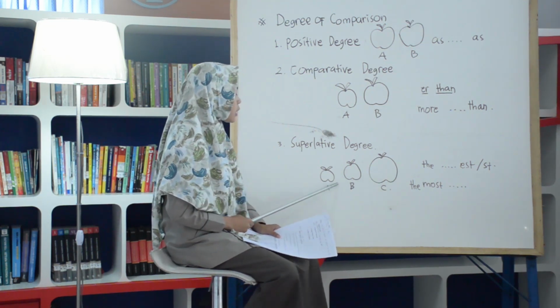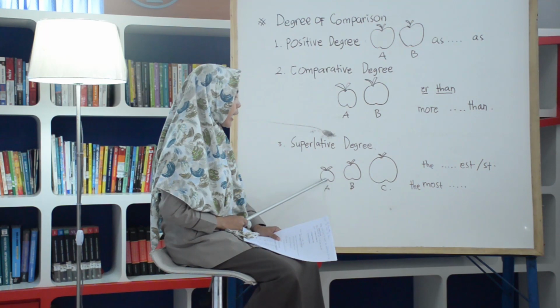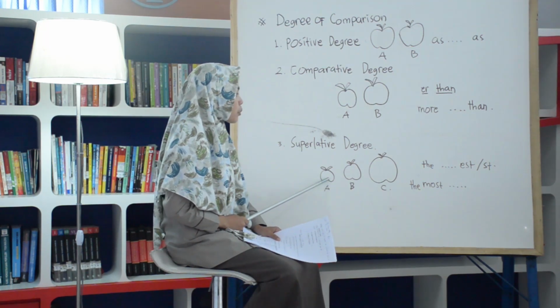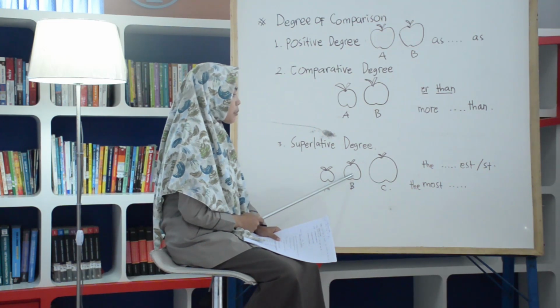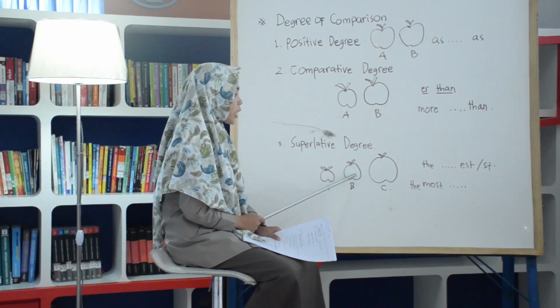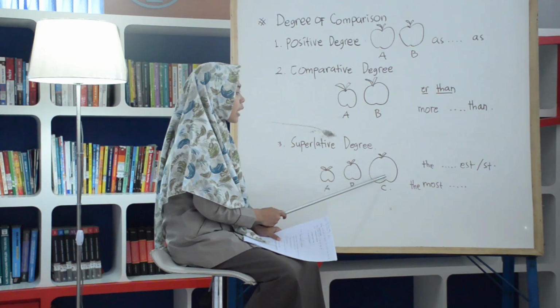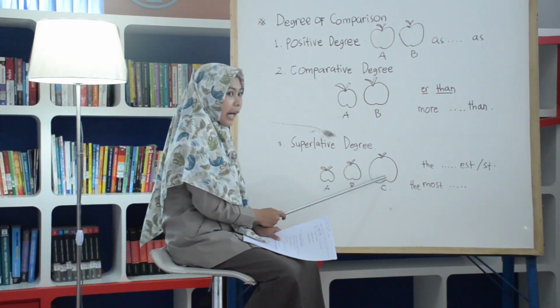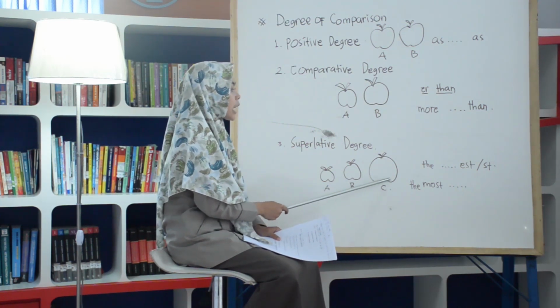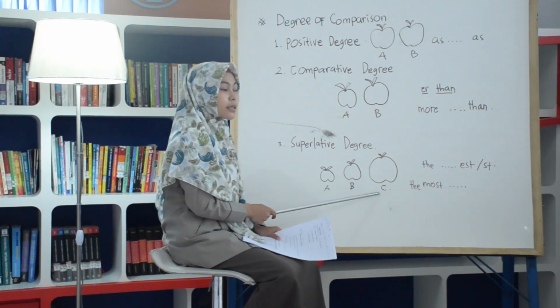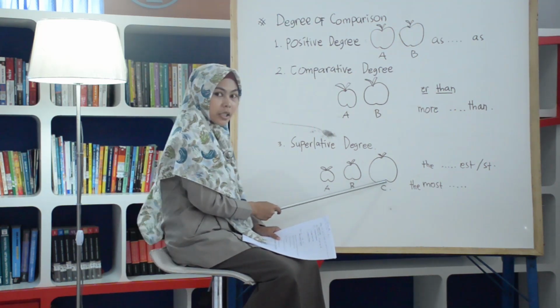For example, here apple A is smaller than apple B, but apple B is smaller than apple C, and apple C is the biggest one, right?